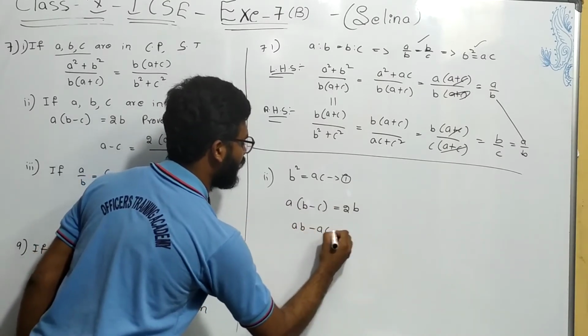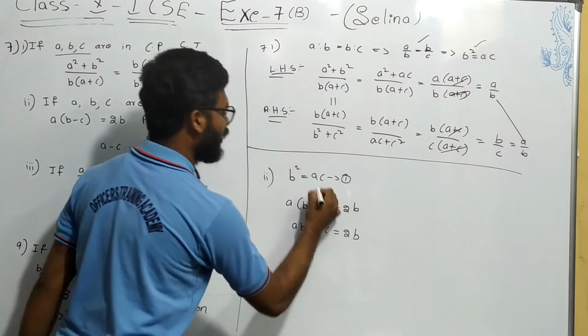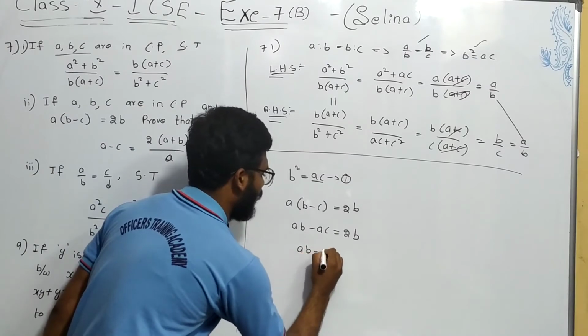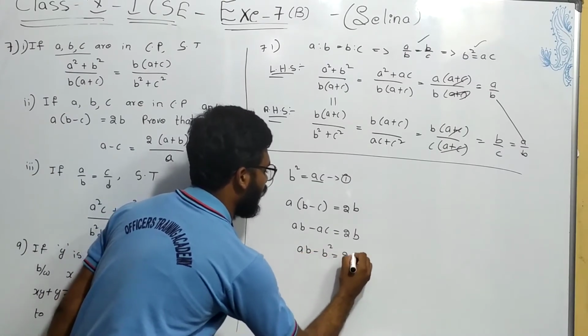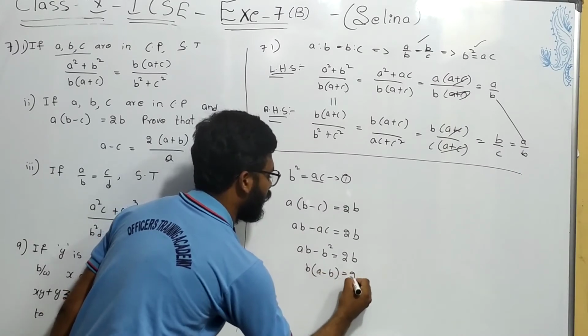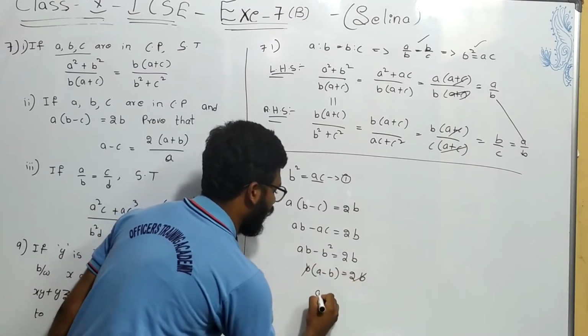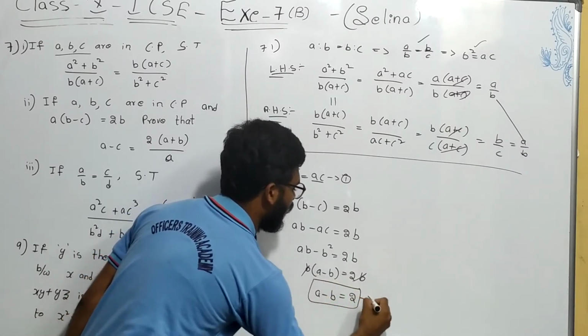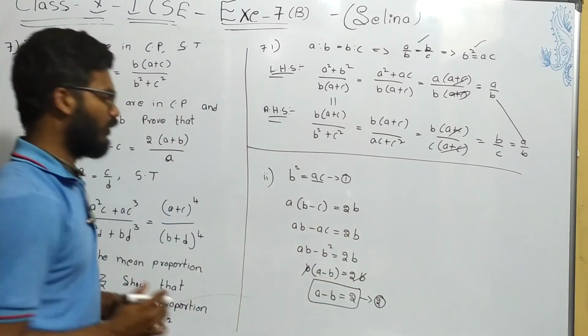AB minus AC is equal to 2B. So what is AC? AC is nothing but B square, right? So let me write AB minus B square is equal to 2B. Take B common. B into A minus B is equal to 2B. So I got one condition. What it is? A minus B is equal to 2.